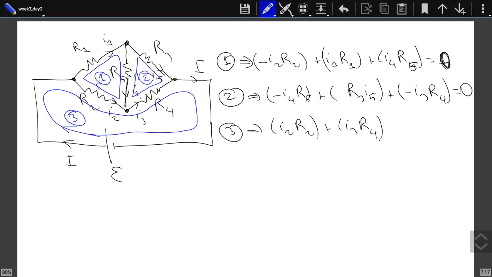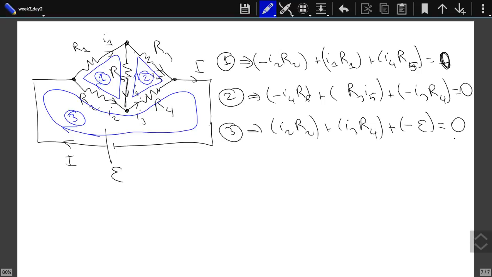And then from this point to this point, what is the potential drop? 0, there's no resistance. And from this point to this point, the potential drop is minus epsilon. This is equal to 0. So these are my 3 other equations. I had 3 before, now I have 3 more.